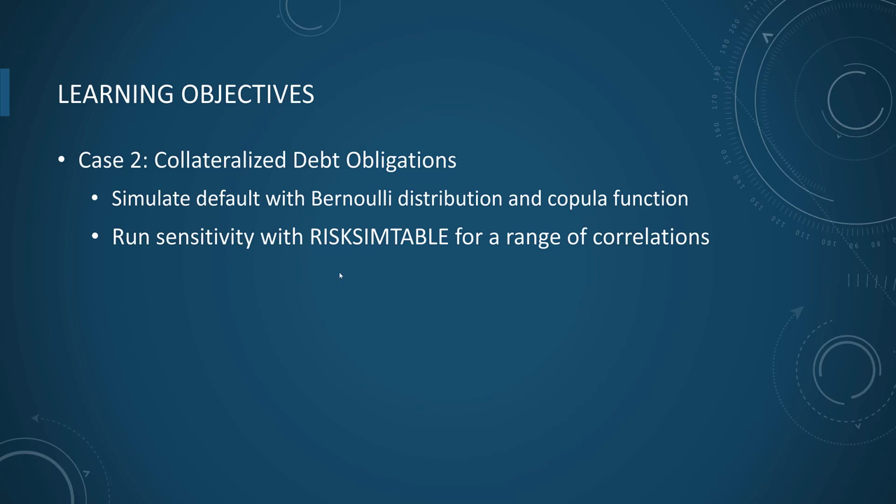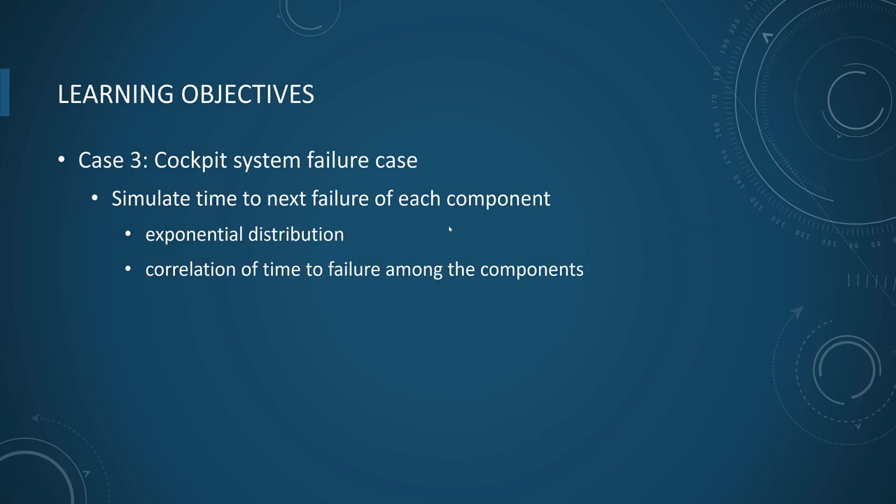What if there is no correlation? What if there is mild correlation, say 0.1 or something? What if it is fairly correlated, 0.5? What if they are very highly correlated, say 0.8, 0.9, and things like that? So that will be our case 2.